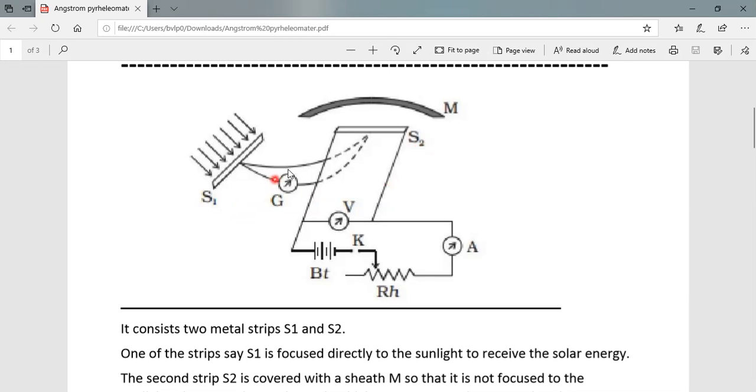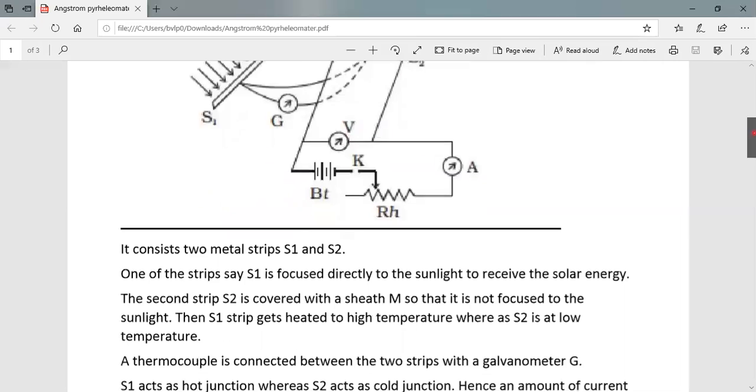The two junctions of the thermocouple are at two different temperatures, hot and cold. We know that when the two junctions are at two different temperatures, a current flows through the thermocouple and the galvanometer shows a deflection. This deflection in the galvanometer is noted.